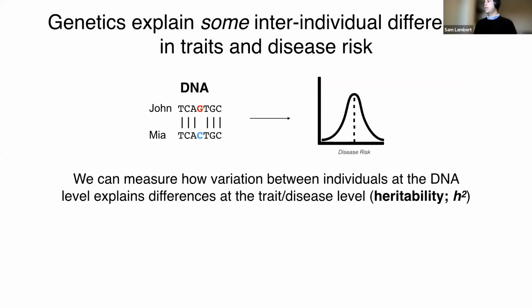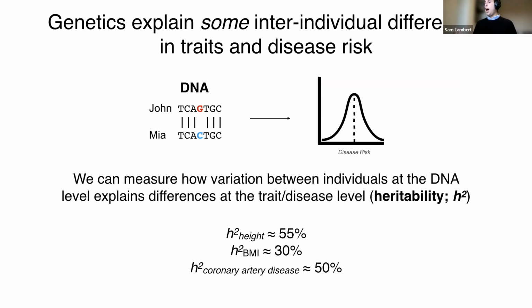We call this quantity heritability. So how much variation at the DNA level is present in the changes between people, the phenotype level, as we call it. For your height, about half of the variability in height in a population is because of genetic variance.